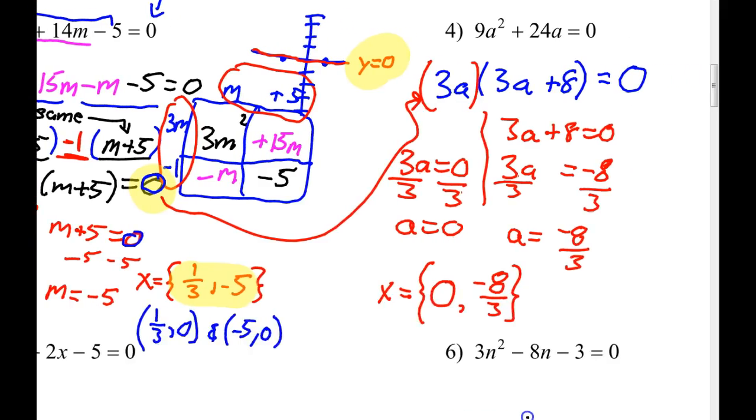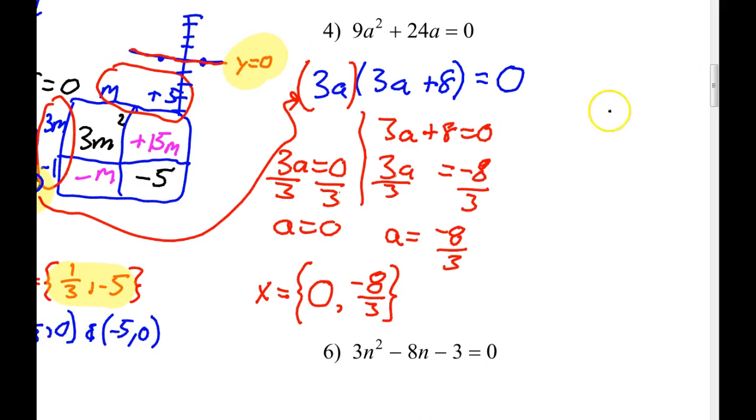So the question is, if we try to graph this right now, and this is in vertex form, we know these come out to 0 and negative 8/3, which if this is 1 and this is 2 and this is 3, where would negative 8/3 be?